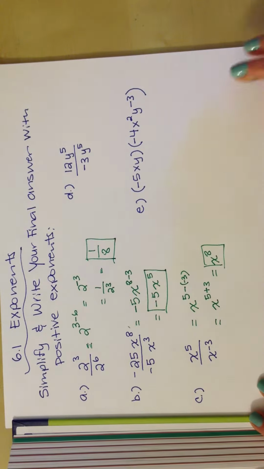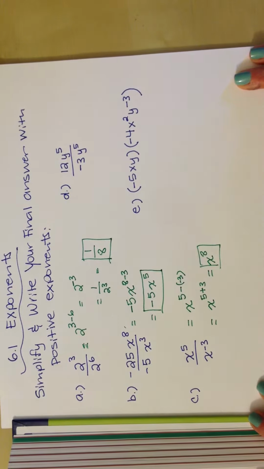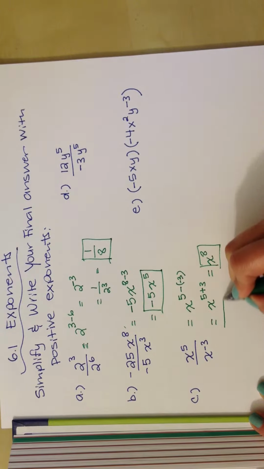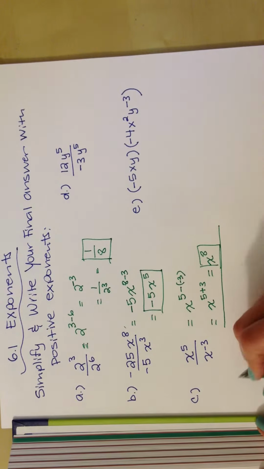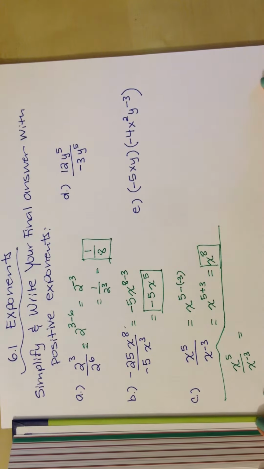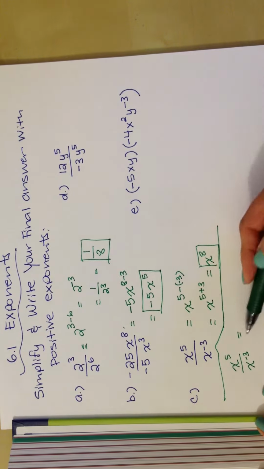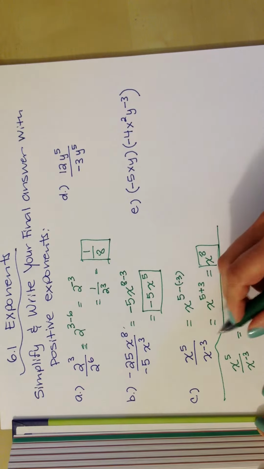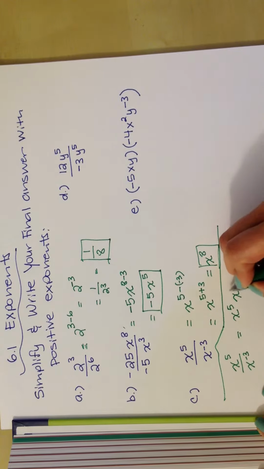You can look at this problem this way, or let me show you another way to think about this. Let me rewrite the original problem. Remember that if you have a term with a negative exponent in the denominator, I can rewrite this as x to the 5th times x to the 3rd.